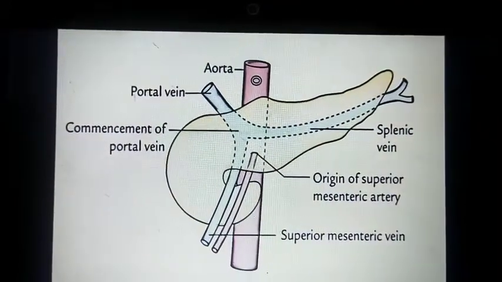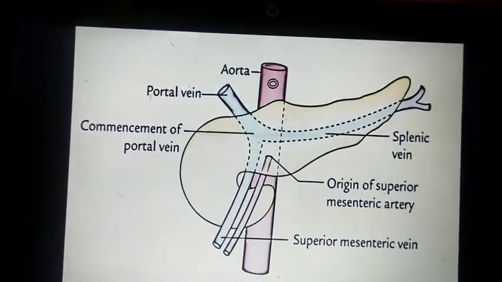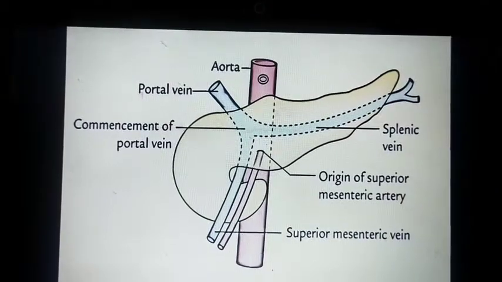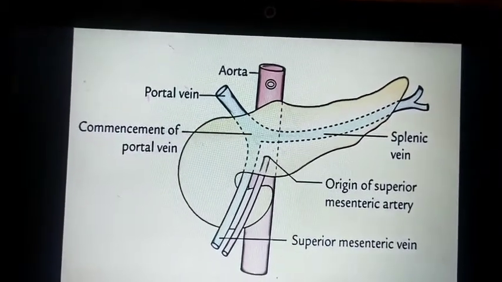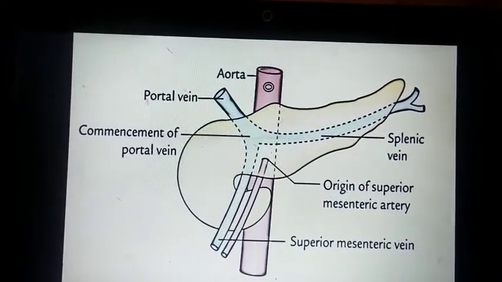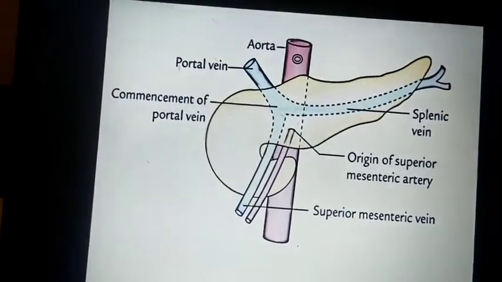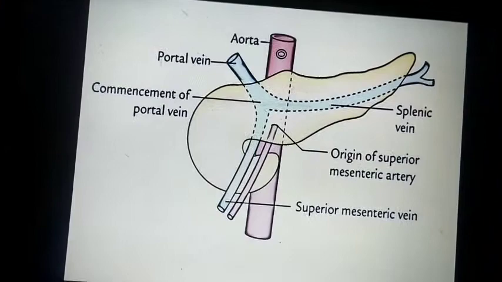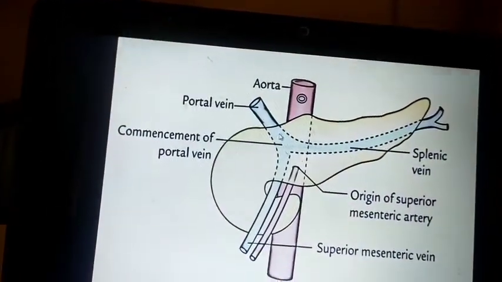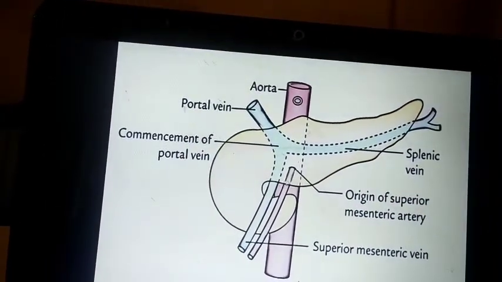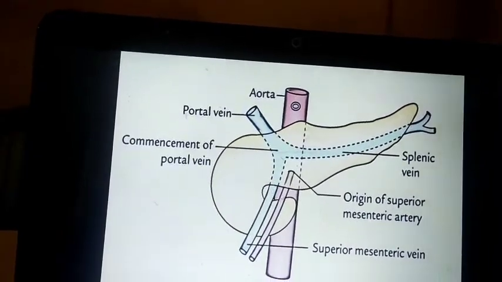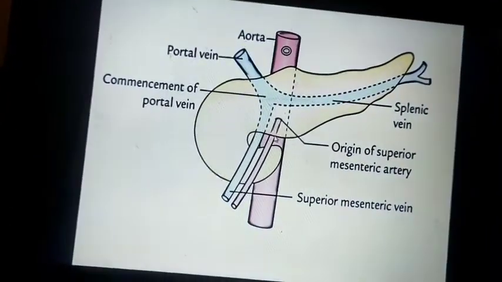Now in this you can see the neck of the pancreas. Neck is the narrower part of the pancreas. It is present between the head and body of the pancreas. It has two surfaces, anterior surface and posterior surface, and two borders, superior border and inferior border.